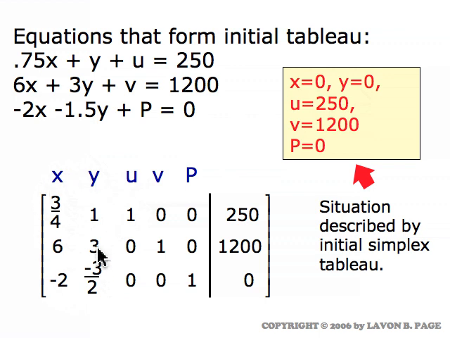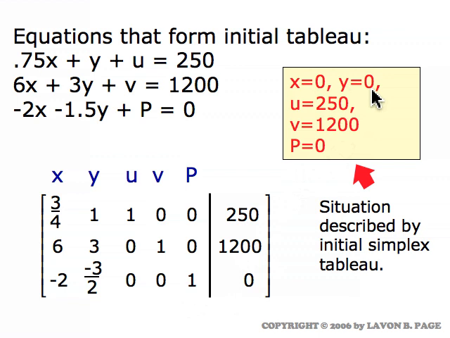If you block out the X and Y columns, then the first row would say 1 times U is 250, 1 times V is 1200, and 1 times P is 0. So that corresponds to X equals 0, Y equals 0, and profit being 0, which if you think about a geometric picture of the solution process, simply says you're at the origin.